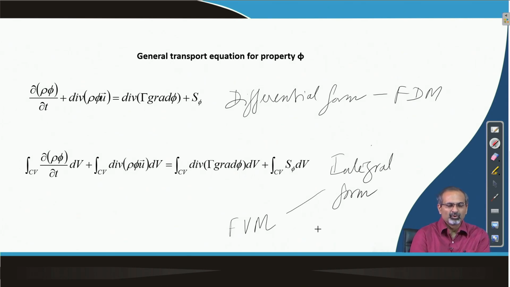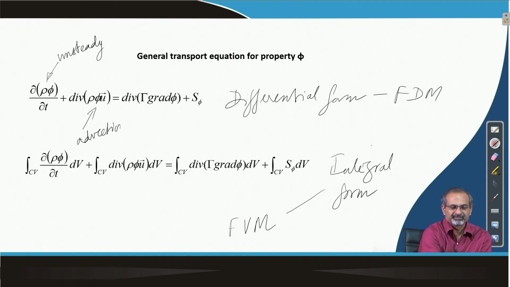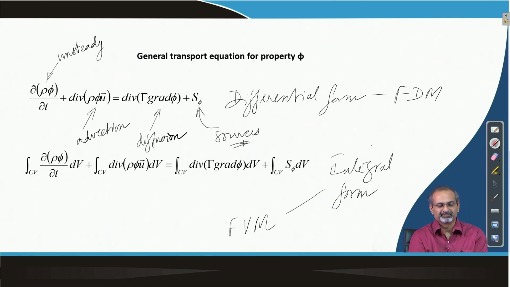So, we need to take note that both these equations are accounting for unsteady effects, they are accounting for advection, they are accounting for diffusion and possible sources in the domain.